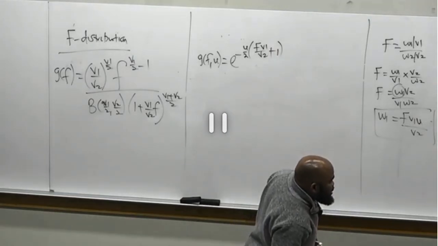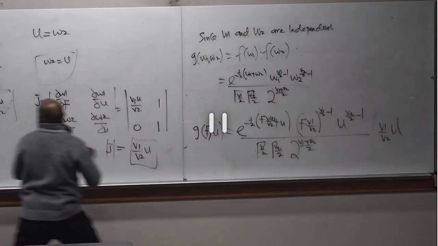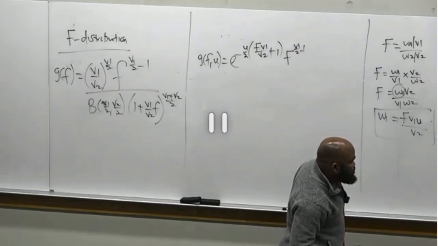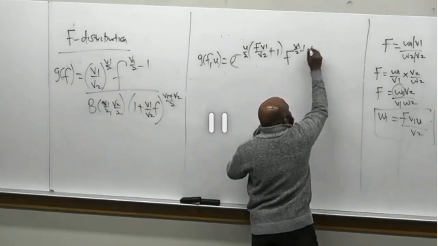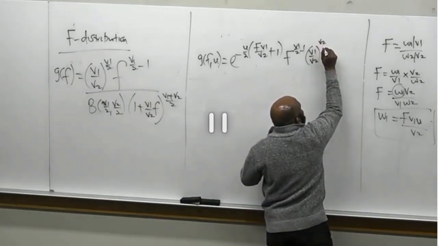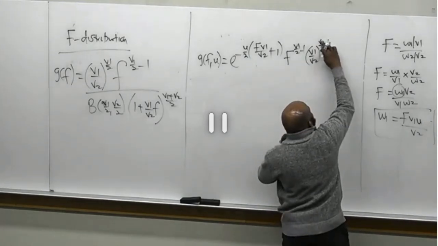U over 2 into F V1 over V2 plus 1, right? When I bring that out. And here, F raised to power V1 over 2 minus 1. Then V1 V2 raised to power V over 2 minus 1. Oh, that should be V1.